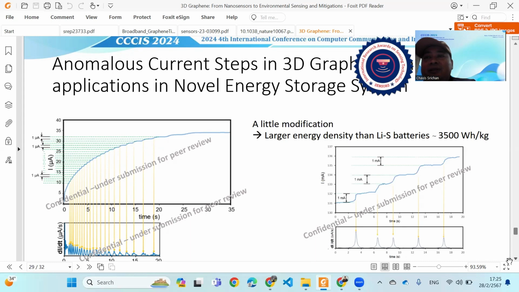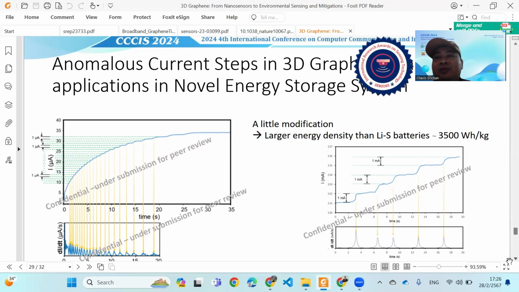Because of the jump of the current, you can make a very fast charge, and we calculated the energy density and found that it outperforms the lithium sulfide battery, at around 3.5 kilowatt hour per kg. I think it is better than lithium sulfide.